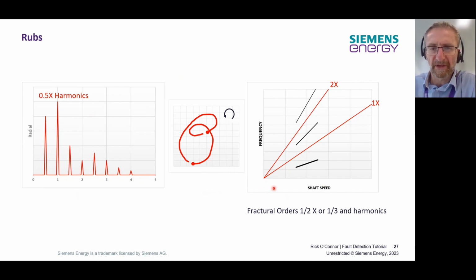If we plot speed here, we can see the half X response comes in just for a portion of the running speed, again with its harmonics here and here. So no rub, rub, and clear again. And if we looked at the orbit, in this instance you can see 2 cycles of rotation. There's the first one, and the second one, for 1 cycle of vibration, which is giving you your half X response.